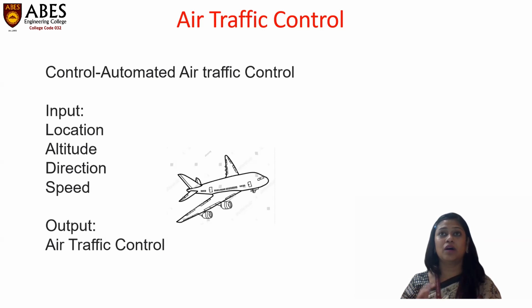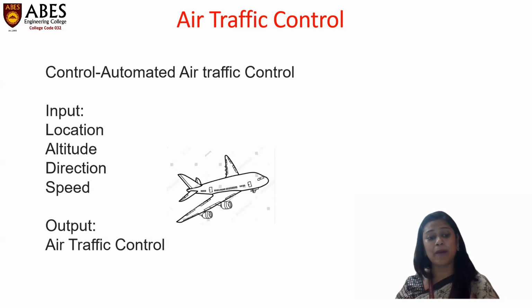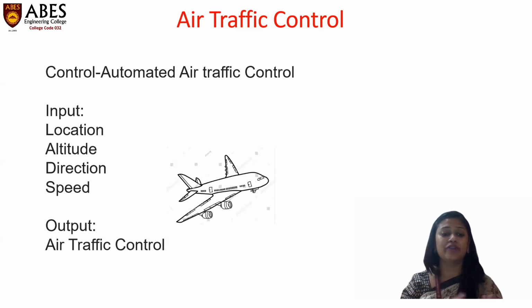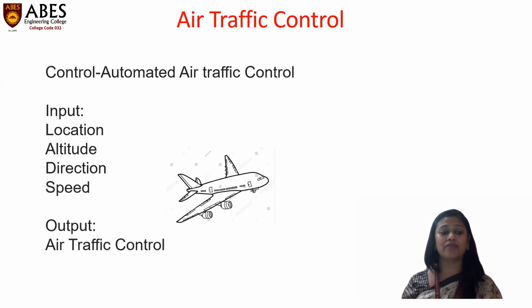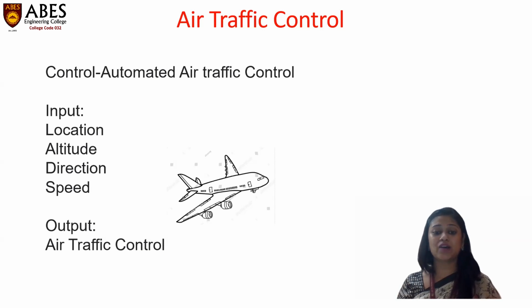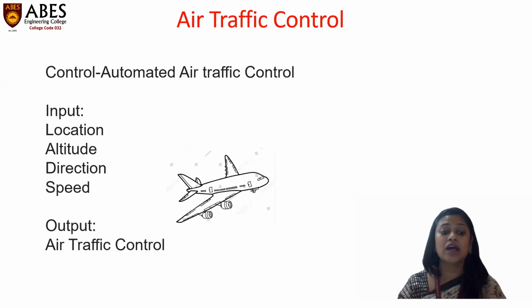If some airplane gets delayed, the impact on the schedule should be handled automatically. Everything should be done automatically. For that, I need to collect various inputs: what location they want to go to, what altitude they have taken, what direction, and different speeds. According to the data, I will design an application that works on air traffic control.